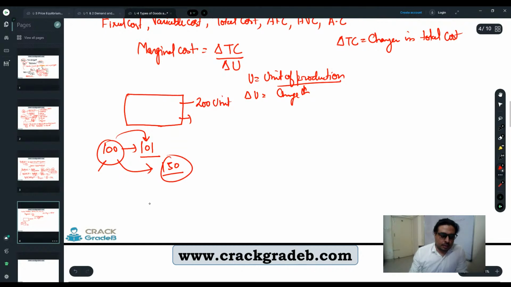But when they are producing 199 and want to go to 200, again a slight change will be there. So we are increasing production by only one unit, moving from 199 towards 200 units.